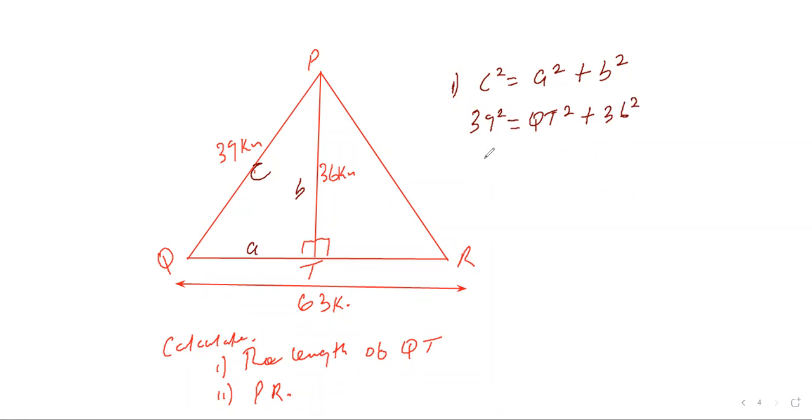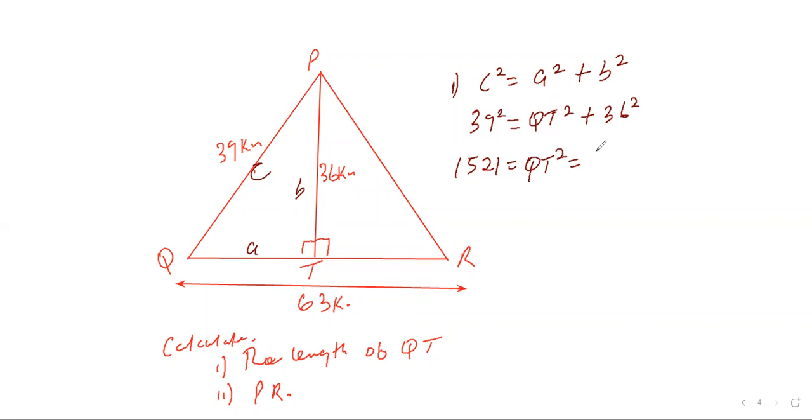Now what is 39 square? 1,521. 1,521 is equal to QT square.